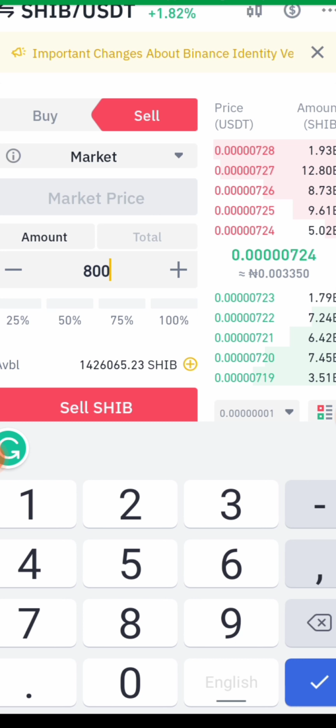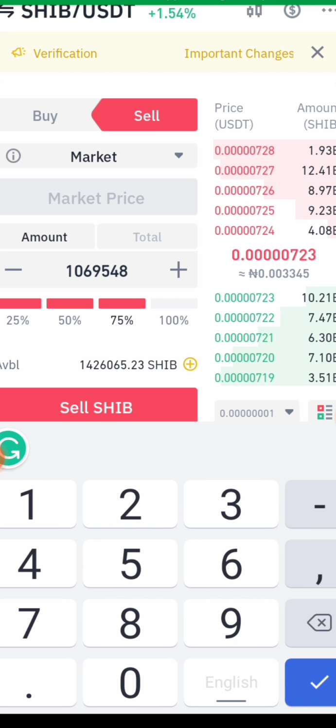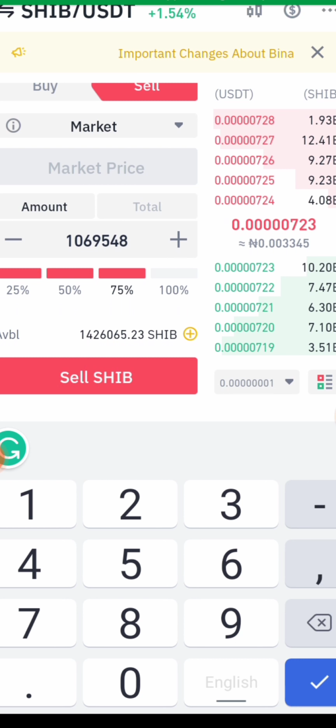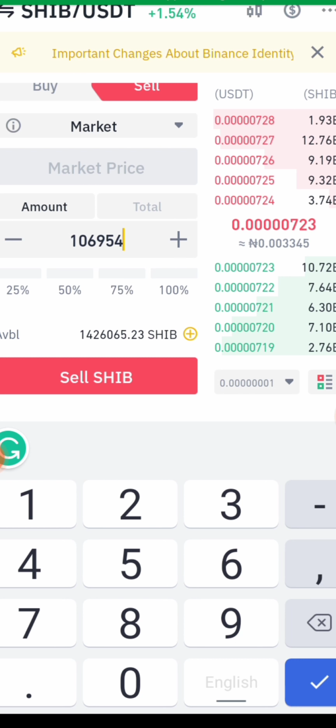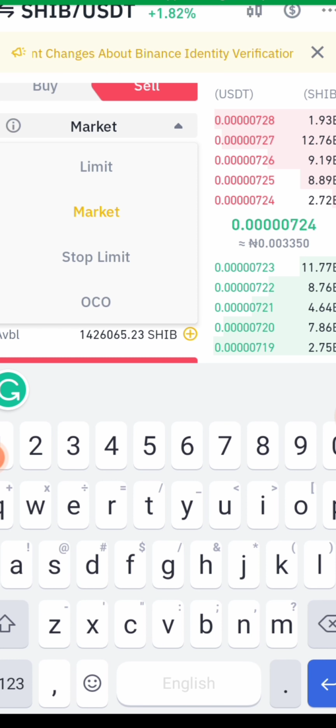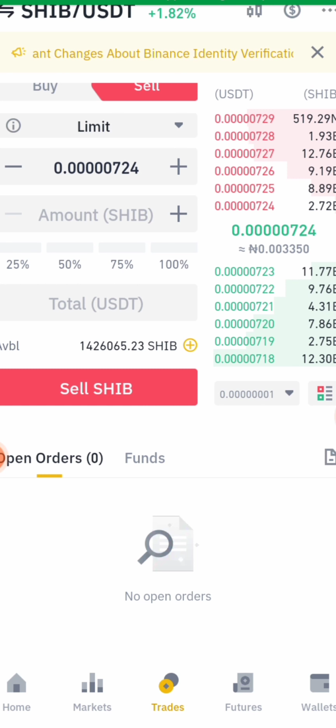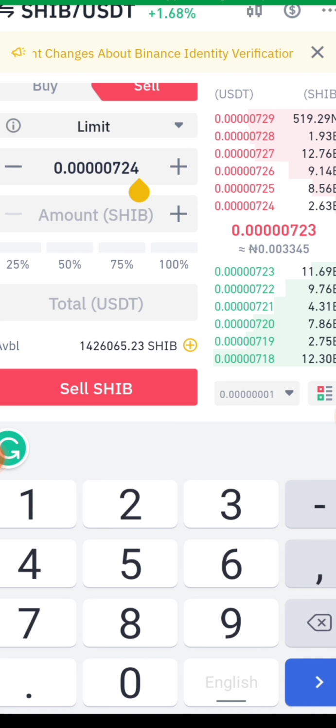Have you seen it? So as you're putting it, the price will be displayed here, under here, telling you how much it is. So for limits, the same thing, change it. Set the price for yourself. Limit allows you to set the price for yourself.